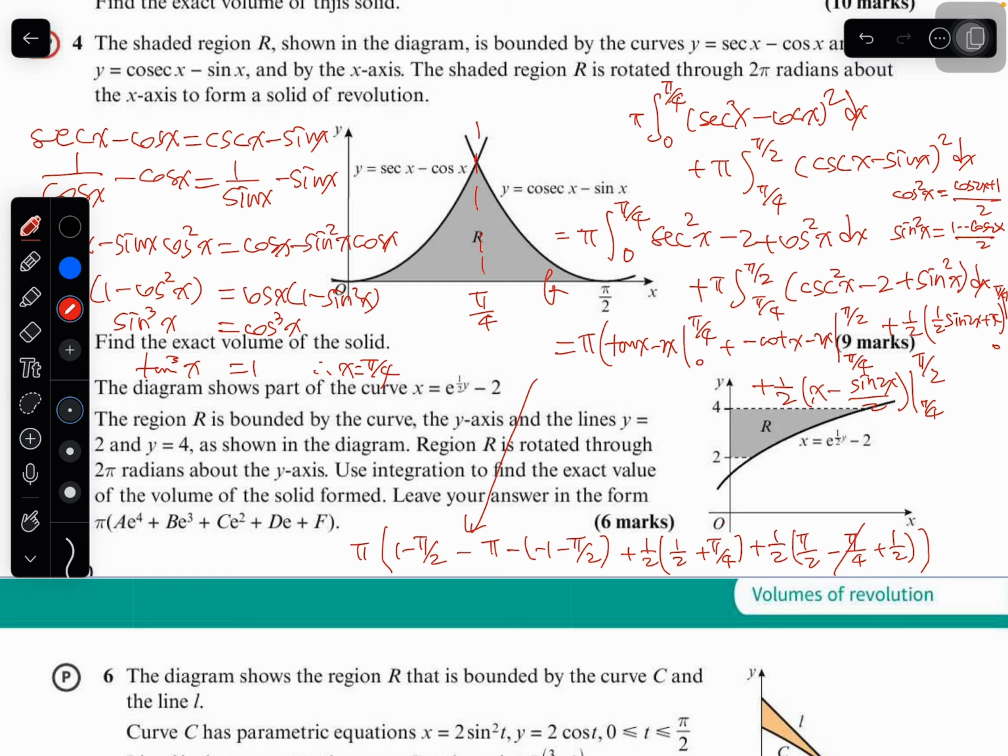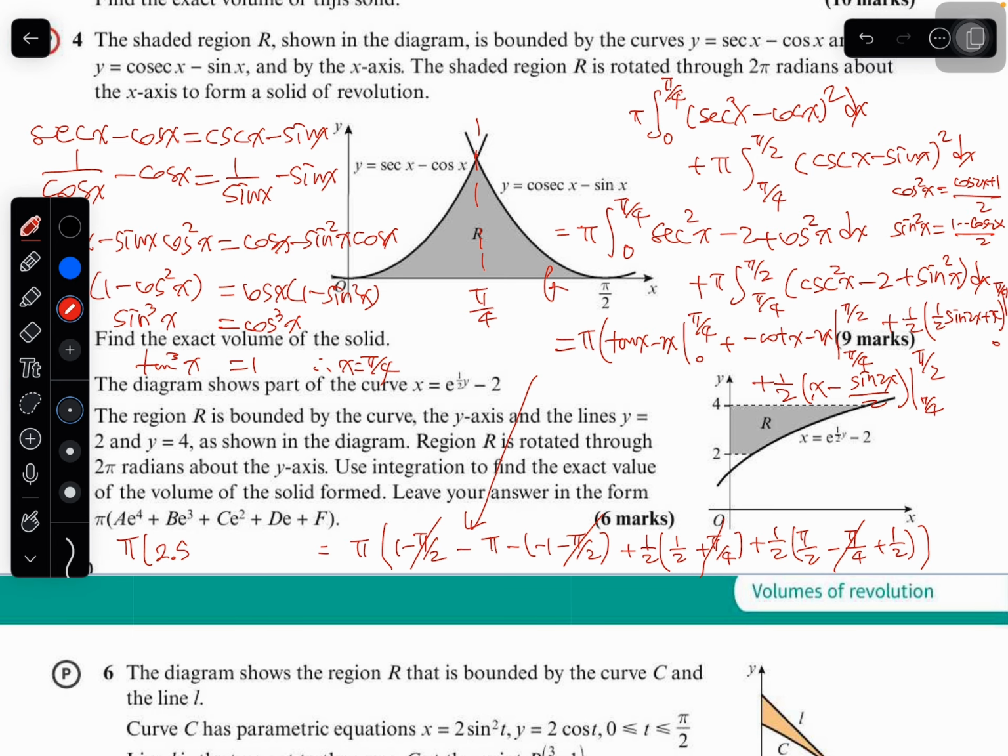So here pi over 4 we have no more, so we don't have it. So here pi times 2 and 1 over 4 plus 1 over 2, so 2.5, and minus pi plus pi over 4, minus 0.75 pi.